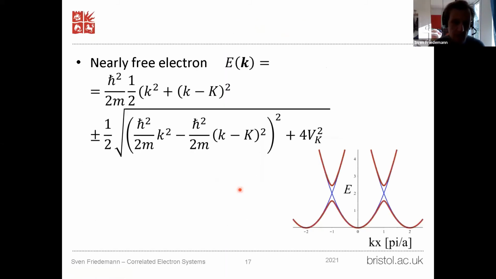The consequence is that we open up gaps at these points in k space, and hence we form bands of energy: energy bands at low energy here, and a new band at high energy, and there's a gap in the states where an energy range has no allowed states.